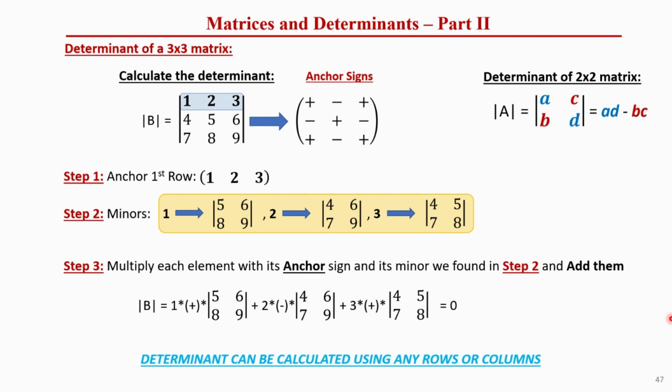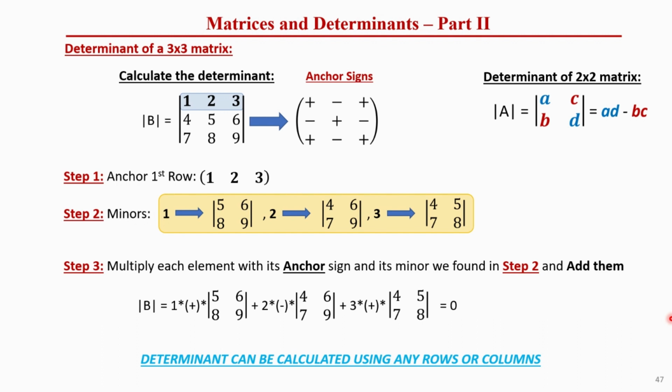So this is how we can calculate the determinant for any 3 by 3 matrix. And to let you know, we chose first row as an anchor row, right? You can choose second row or third row or first column, second column or third column. It's up to you. You have freedom. And whichever row or column you choose, you stick to that row or column.